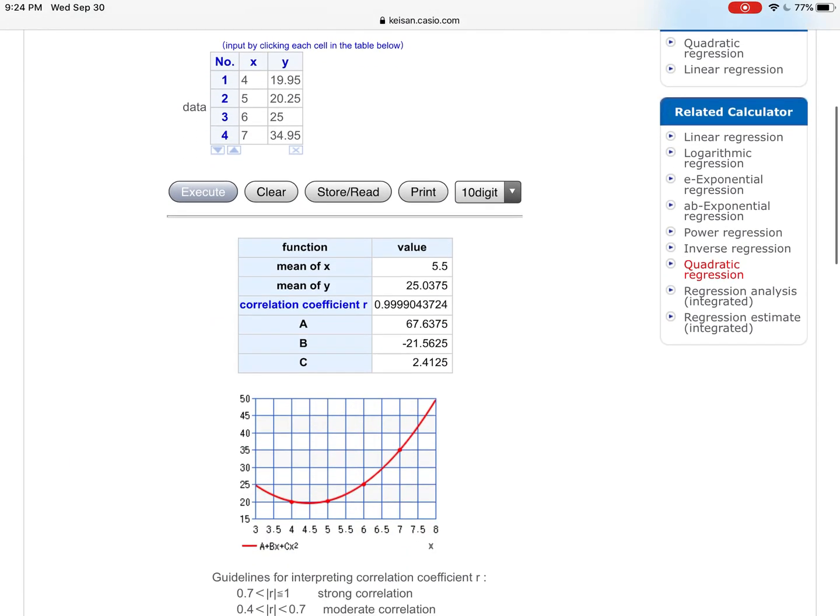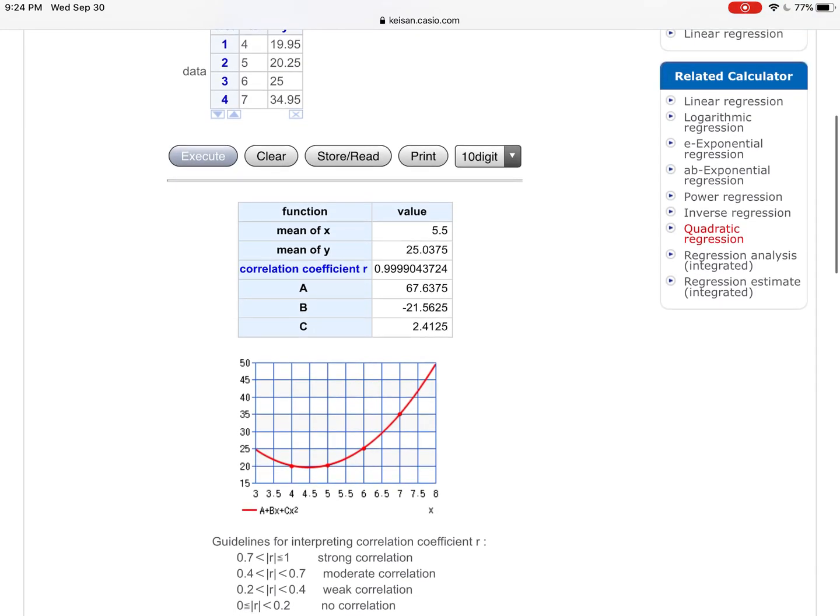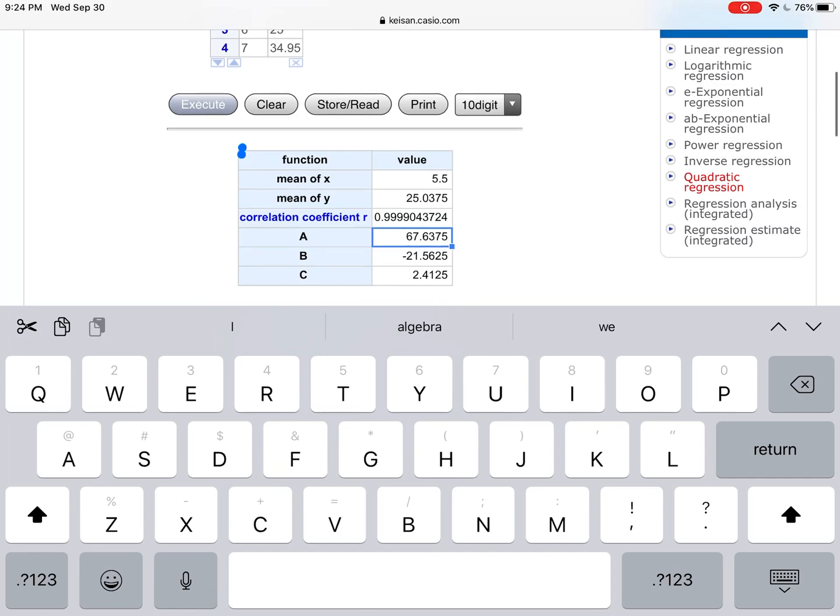And again, I'm just going to press execute. And it's giving me a correlation coefficient that says it's pretty close to what it should be. And it's giving me an A, B, and C value that I can then use to write my equation.